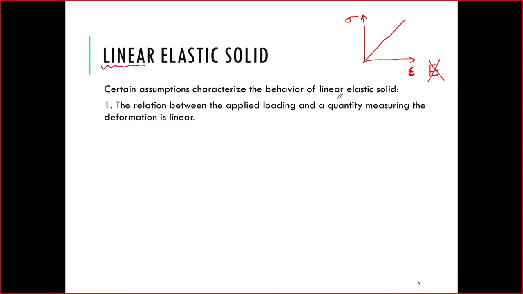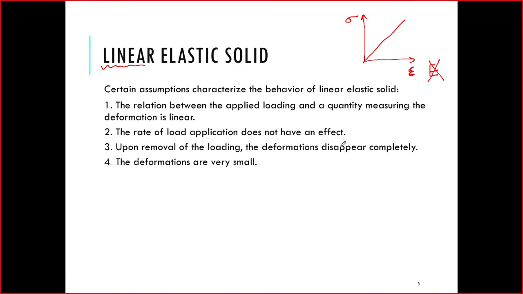So when we're describing linear elastic solids, most often, like 99% of the time, we're talking about materials for which we have small deformations. Okay, so two things right now. Oh, sorry, I jumped from 1 to 4, sorry for that. That we have a linear relationship between loading and deformation, and the deformations are small.